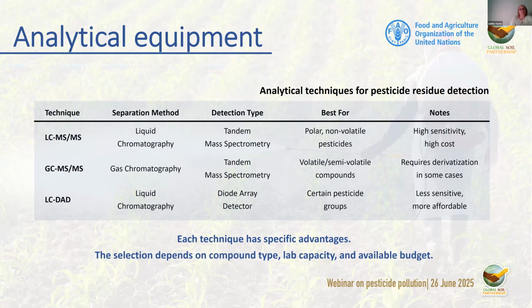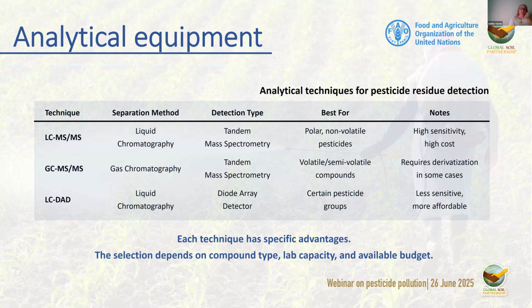The three main analytical techniques are liquid chromatography coupled with tandem mass spectrometry, which offers high sensitivity, making it ideal for detecting polar or thermally unstable compounds. Gas chromatography coupled with tandem mass spectrometry is suitable for volatile or semi-volatile compounds, often requiring derivatization before analysis.